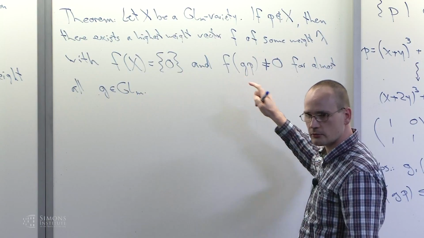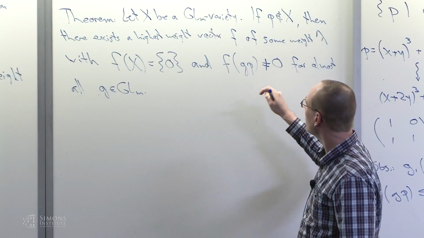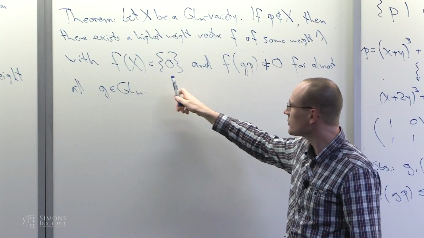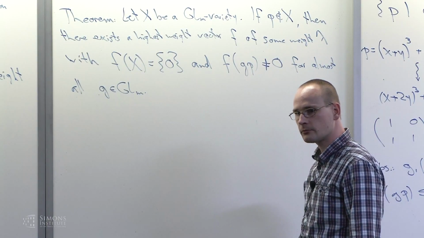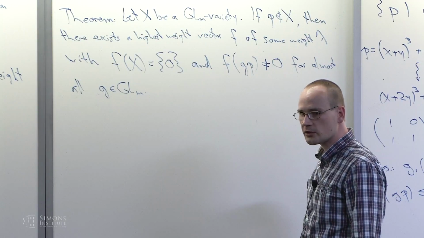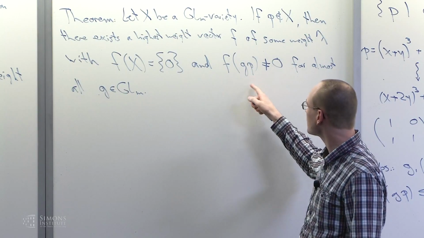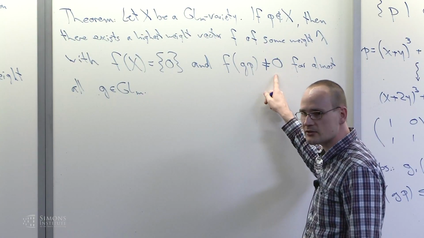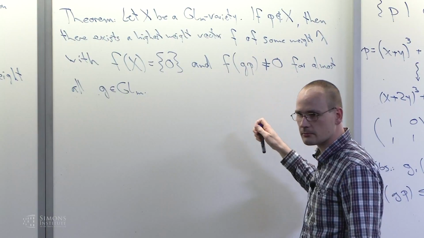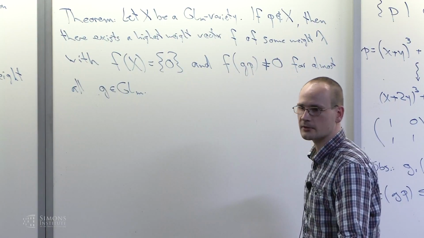You don't have to do this for almost all g. Yes, you have to exhibit some g. That is true. But you only have to exhibit some g such that this is non-zero, and this will be true for almost all of them. But I agree.